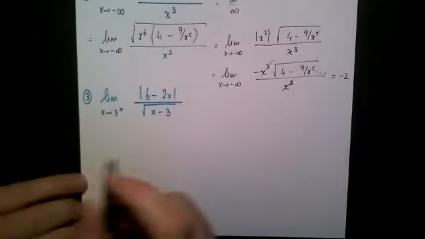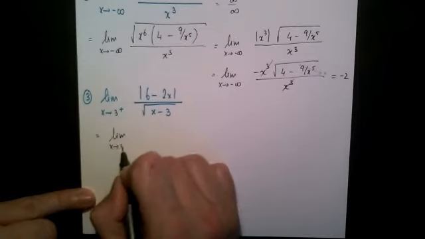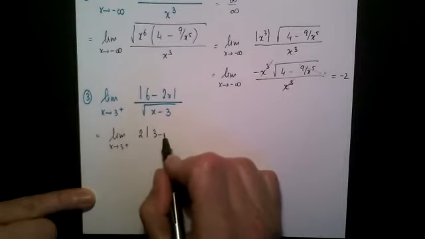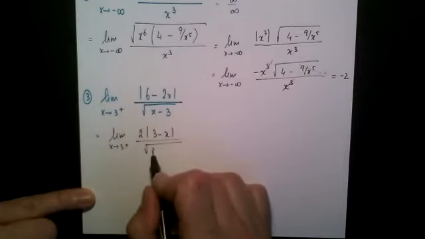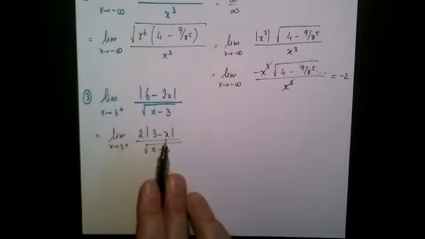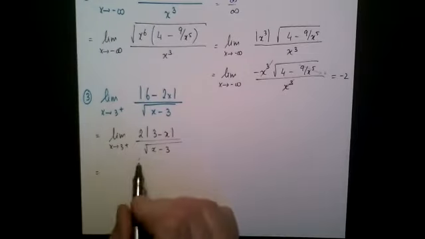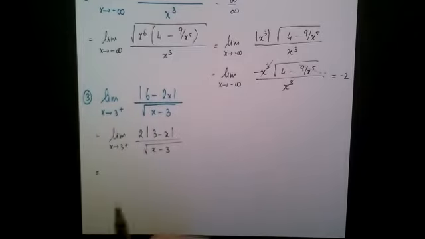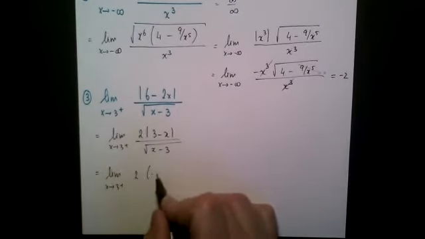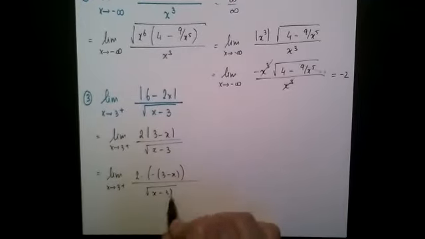All right, here. There's an absolute value. So limit as x approaches 3 from the right. I'm going to pull out a 2 outside, absolute value of 3 minus x over square root of x minus 3. If you plug in 3 plus, the inside is negative. And so if I take out the absolute value, you have to put a minus in front. 2 times negative (3 minus x) over the square root of x minus 3.